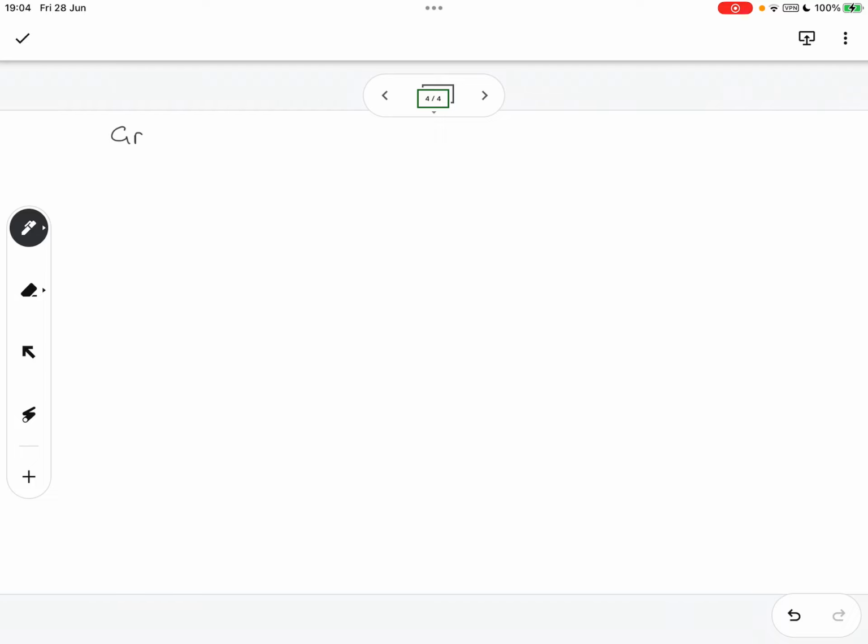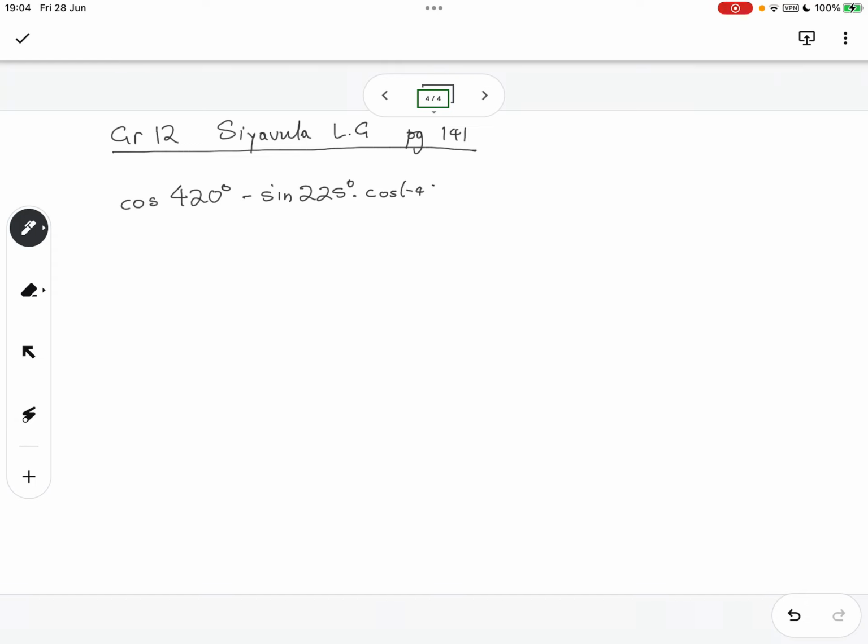So in our grade 12 Siyavula Learning Guide, on page 141, we've got the cos of 420 degrees minus the sine of 225 degrees multiplied by cos of negative 45 degrees, and this is divided by the tan of 315 degrees.